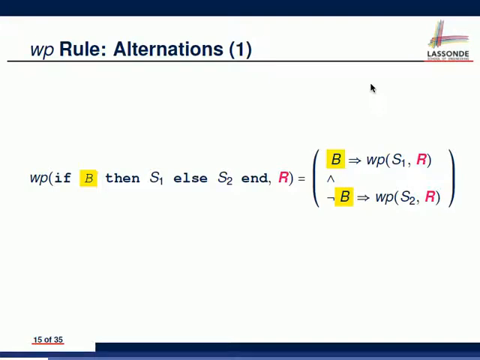And the weakest precondition for this conditional behavior to establish R would be a conjunction. Given that B is true, you must satisfy the weakest precondition for S1 to establish R. That's behavior number 1. And for behavior number 2, similarly, when B is false, you have to establish the weakest precondition for S2 to establish R.